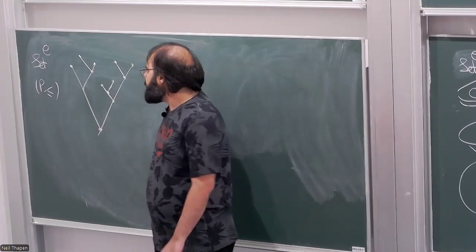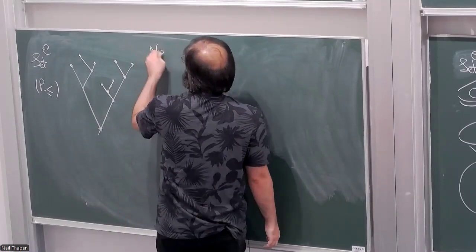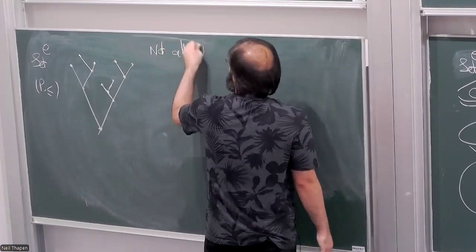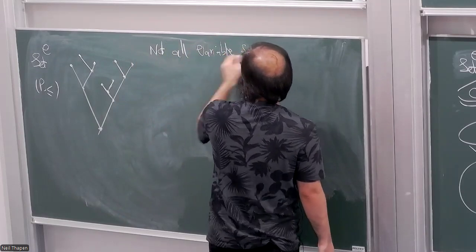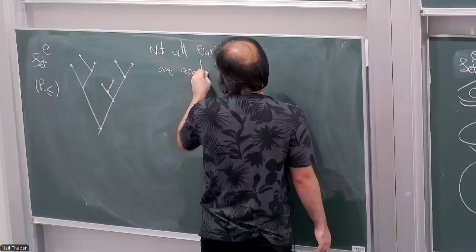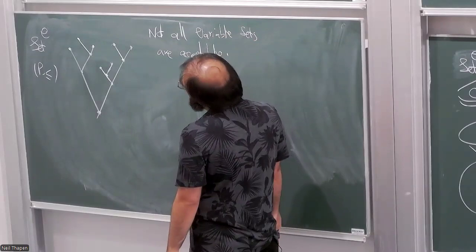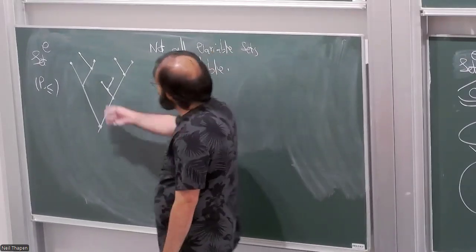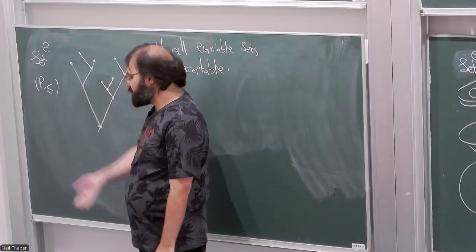That's good, except that not all variable sets are acceptable, really. What do I mean? Let's say I'm a classical mathematician and this is the knowledge that I have. At each stage, I construct whatever I can construct.